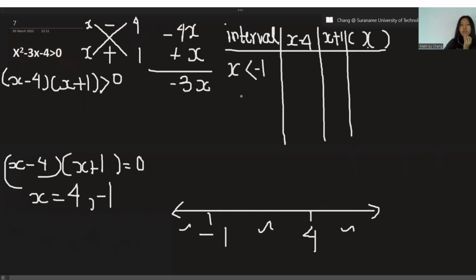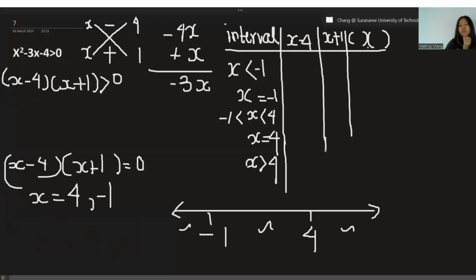The second is x equal to minus 1. The third is when x is between minus 1 and 4. And the fourth is when x equal to 4. And lastly, x greater than 4.